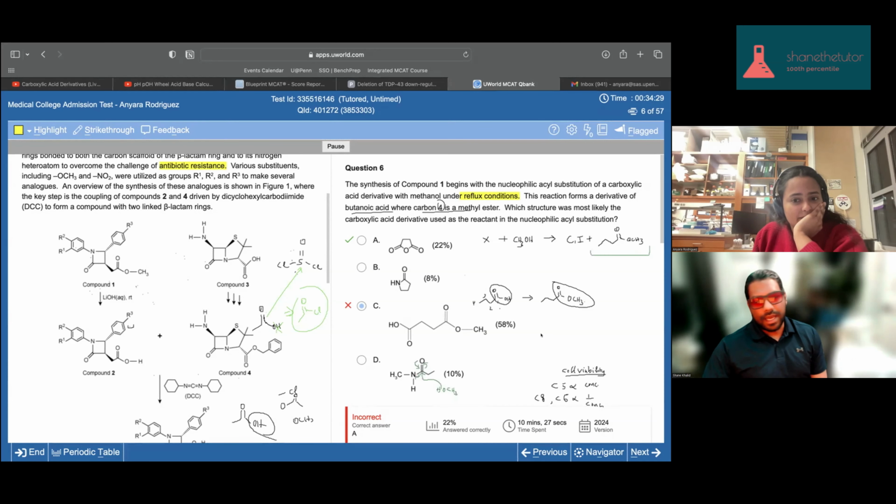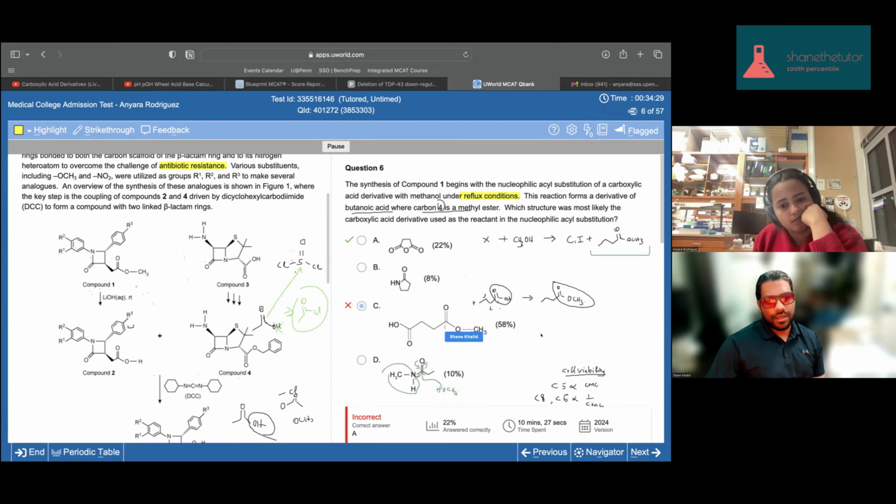This over here would give us this as our leaving group, so that can't be it. This one here, well, the alcohol can either deprotonate this carboxylic acid end over here, or it can attack this, which would mean that this bleeds, right? But none of this seems to be causing anything.